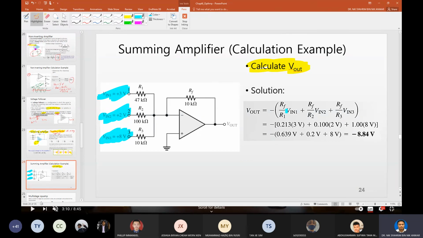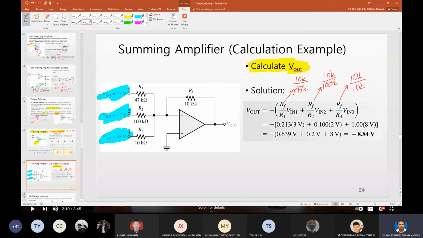The first input, the ratio is 10K divided by 47K, and this one is 10K divided by 100K, and this one 10K divided by 10K, and then this is V1, V2, and V3.